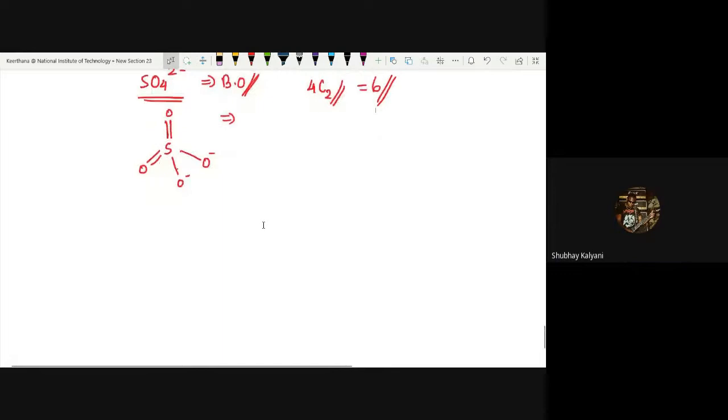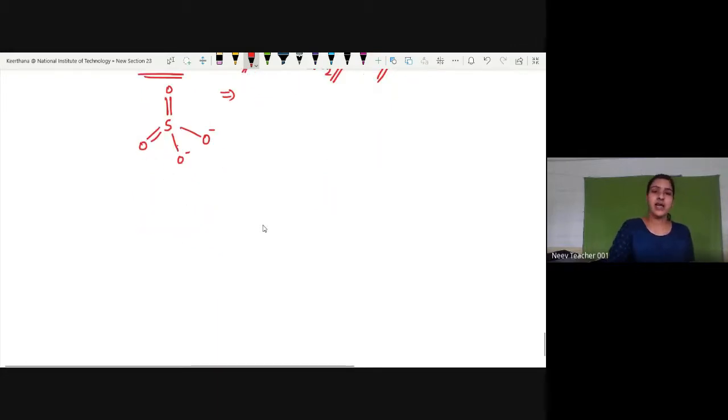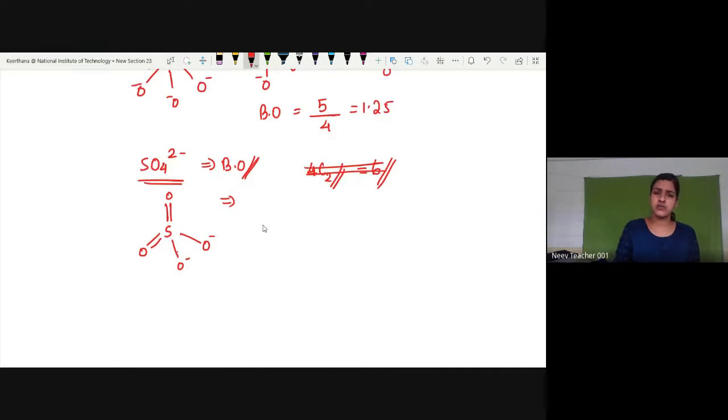No, we haven't done it yet. Okay, then leave it. And if you have to, you can draw this. If you draw it, you will also find 6. Just try to draw the 6 resonance structures of SO4 2 minus.